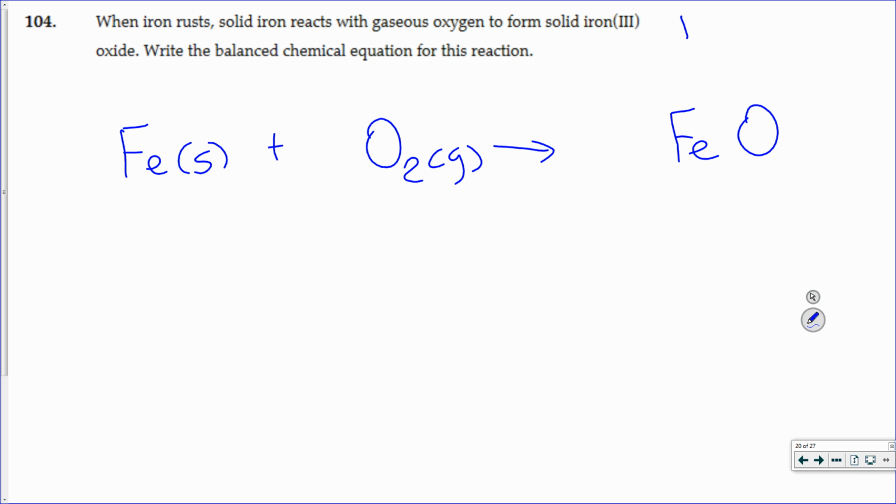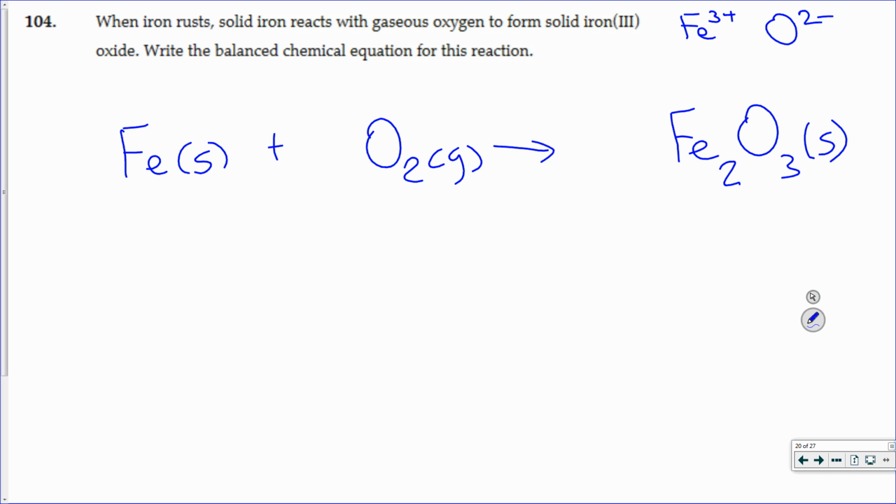If it's going to be Fe3+, what's the charge of the oxygen? That's a -2 because it's in the 2A family. And then if you do the crossover rule, it would be a 2 and a 3. So Fe2O3. All right, so that's a solid for the rust.